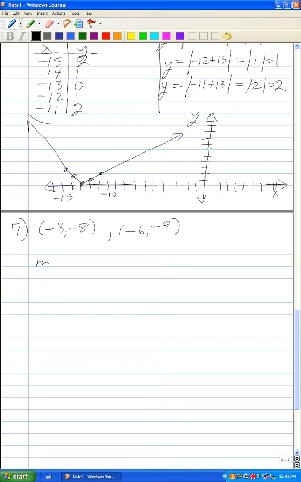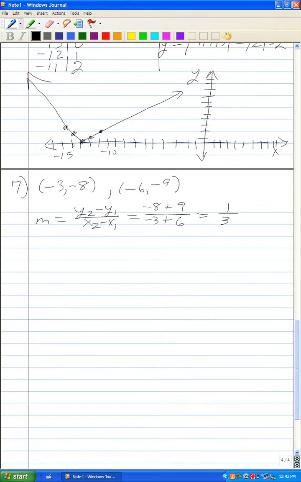So the slope is y2 minus y1 over x2 minus x1. And so negative 8 minus a negative 9, negative 3 minus a negative 6. 9 minus 8 is 1. 6 minus 3 is 3. So that's the slope of your line.